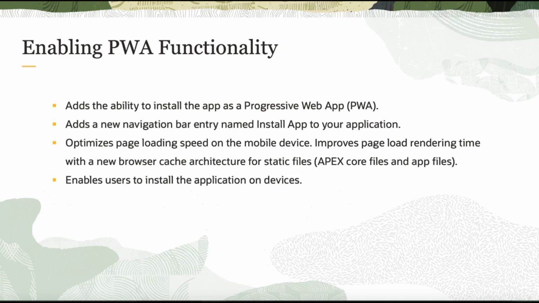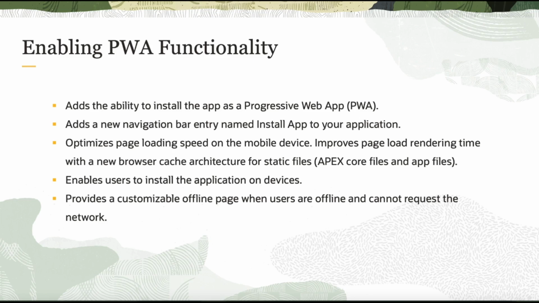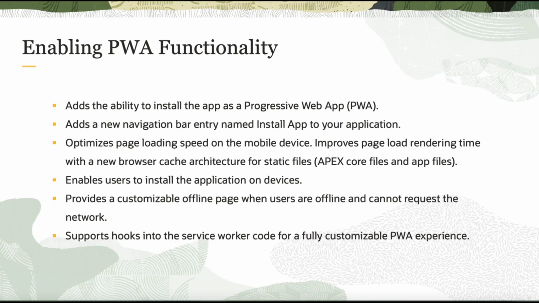It enables users to install the application on their devices. It provides a customizable offline page when users are offline and cannot request the network. It also supports hooks into the service worker code for a fully customizable PWA experience.